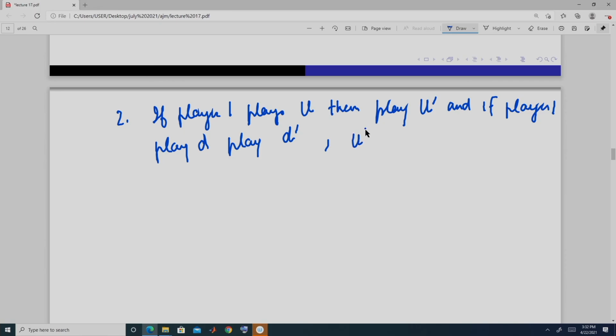So, this is the U dash D dash strategy. This is strategy 2. This is for node 2 dash, this is for node 3 dash.